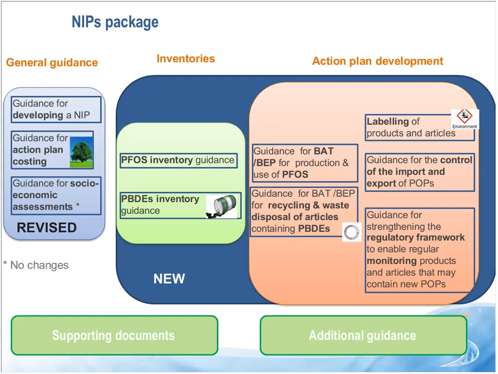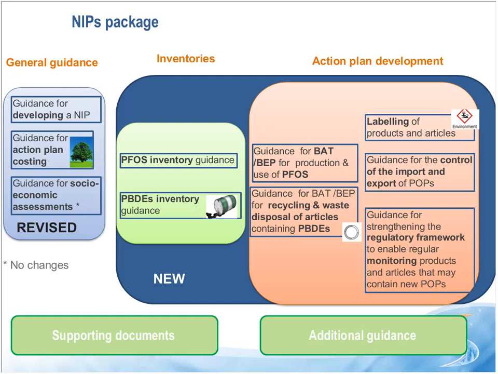Both of these are initial guidance under Stockholm, but the Basel Convention is working in a small intersessional working group, and they will be developing more specific guidance to address waste issues and considerations in relation to both chemicals, PFOS and PBDEs.